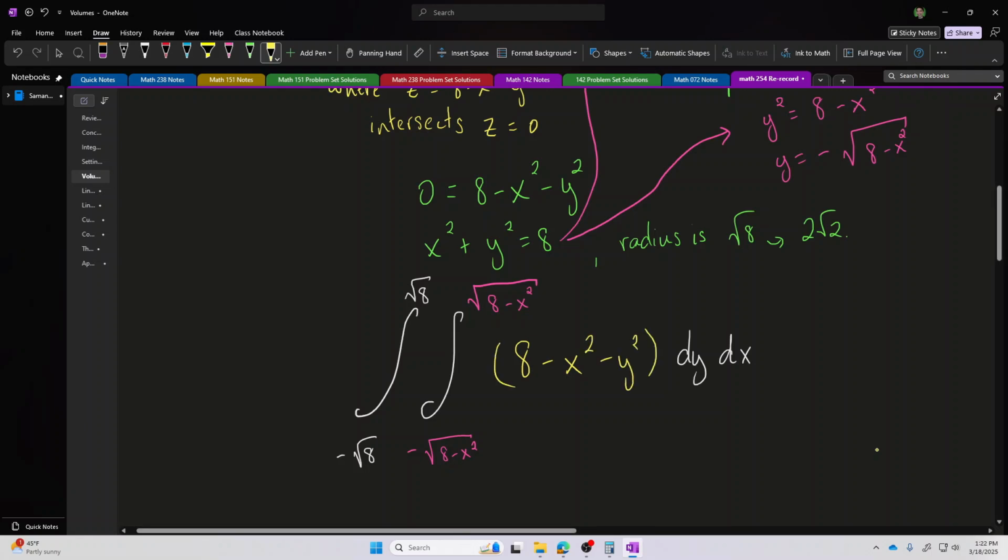So I would integrate this function as y goes from this non-constant limit to this non-constant limit, and then I would integrate as x goes from this constant limit to this constant limit. And this would tell me the exact value of the volume under that paraboloid, the volume trapped between the paraboloid and the xy plane.